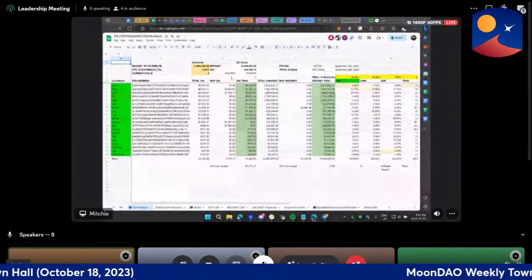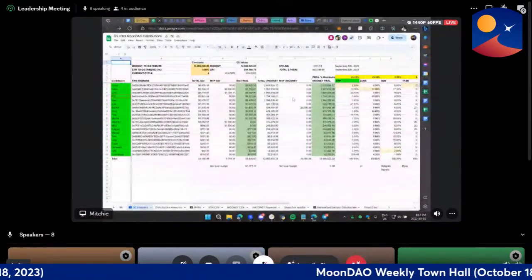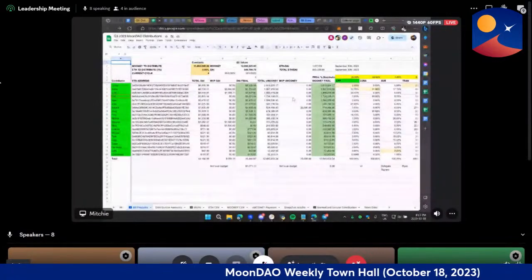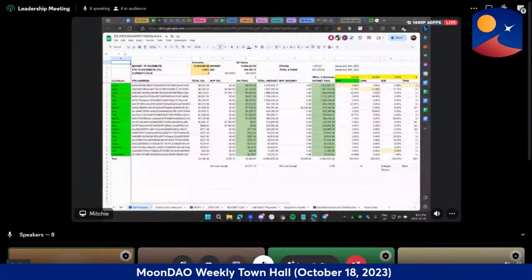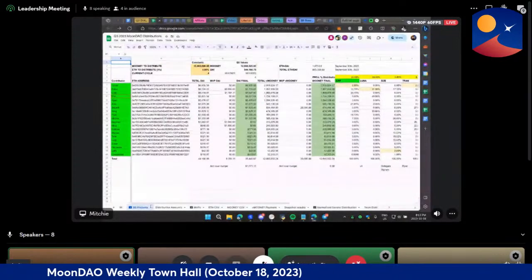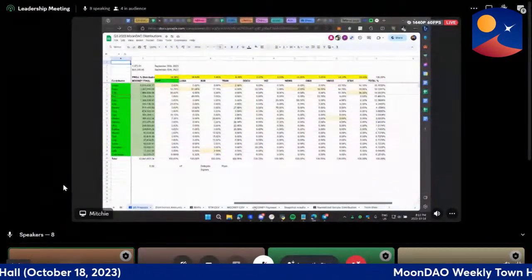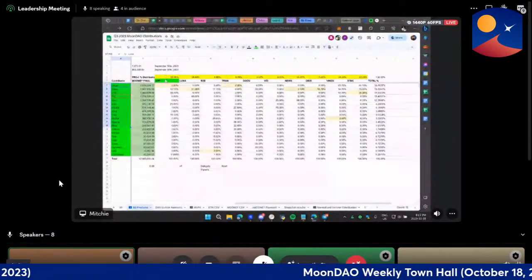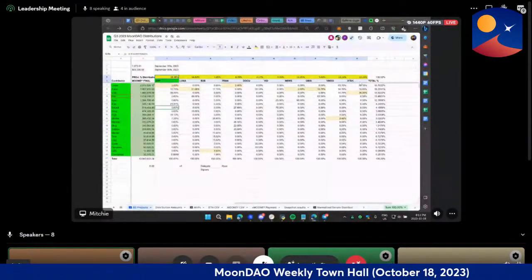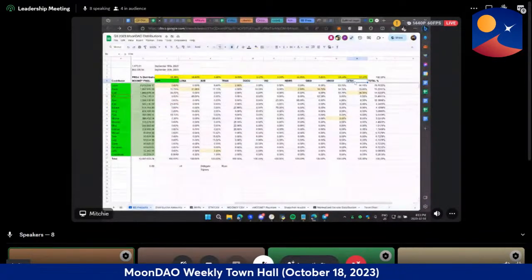Cool. You guys can see my screen? Yep. Cool. So this is the main sheet where most of the action is happening. You can see here we've got our contributors and our projects represented by their codes at the top.